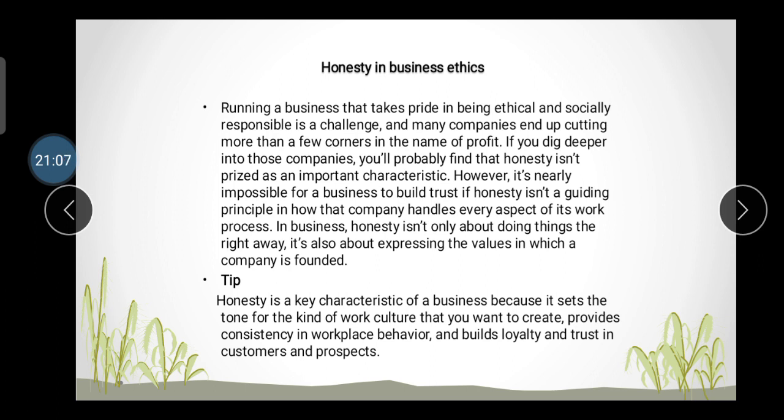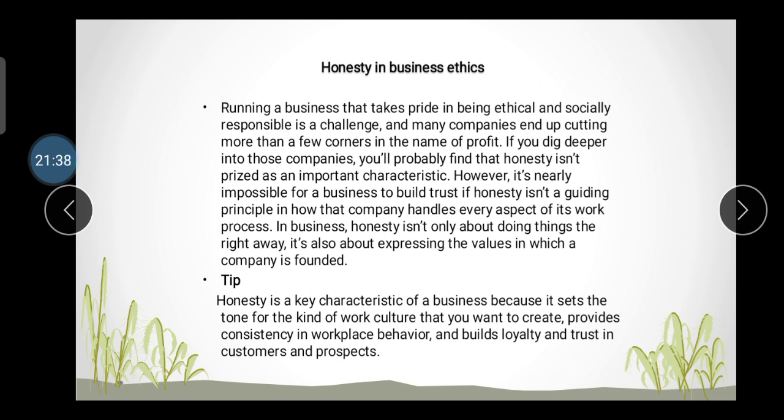Business honesty isn't only about doing things right, but also about expressing the values on which the company was founded. Here is one tip: honesty is a key characteristic of business, because it sets the tone for the kind of work culture you want to create, provides consistency for workplace behavior, and builds loyalty and trust with customers.